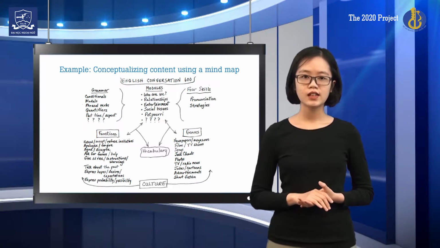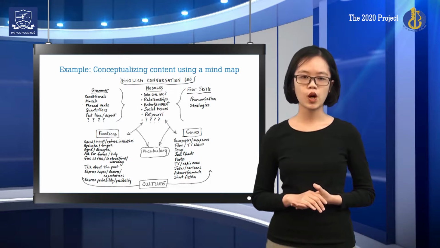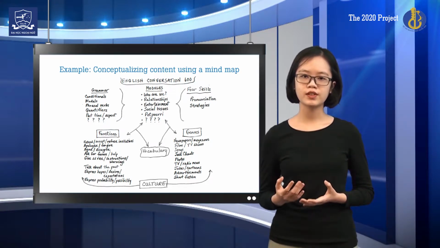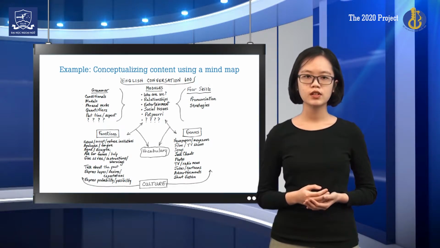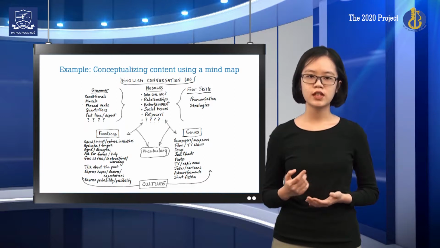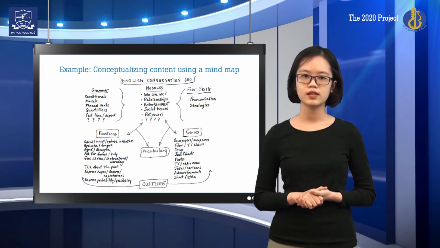As you can see, the course name, English Conversation 600, is on the top of the map. Its content is constructed with consideration of contour factors. In the course, grammar points such as conditionals, modals, and quantifiers will be included.